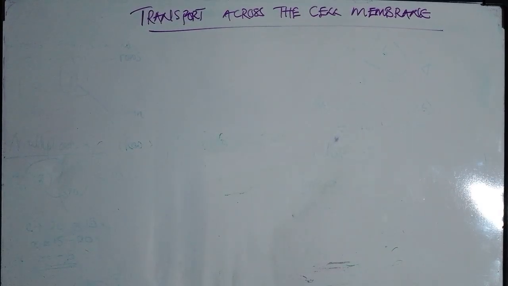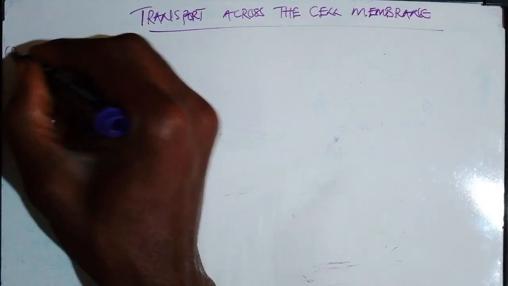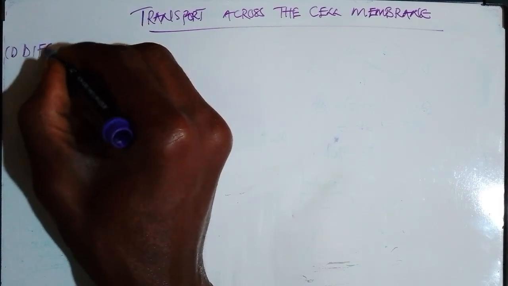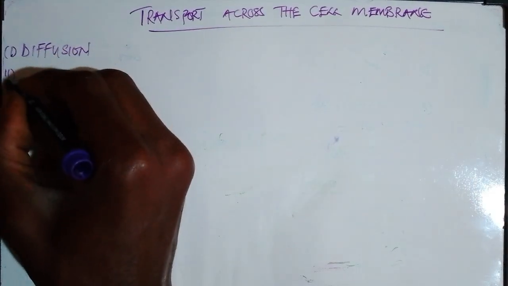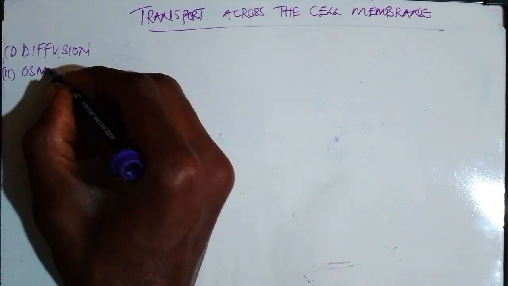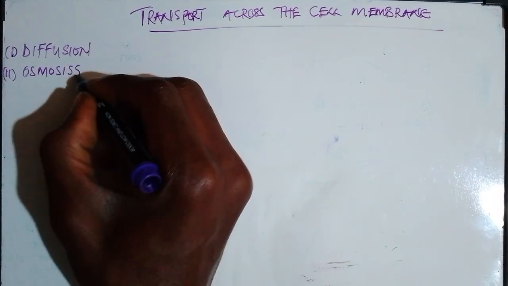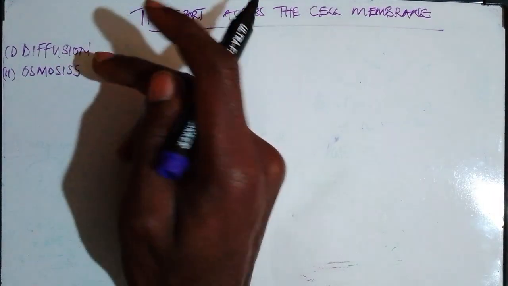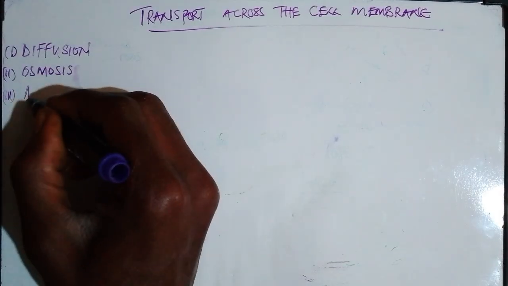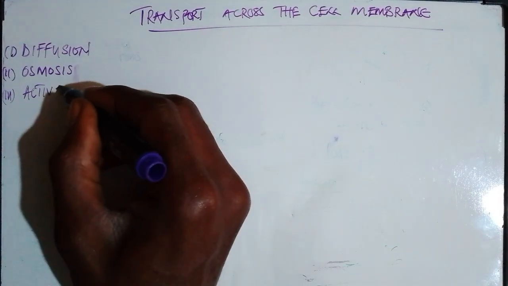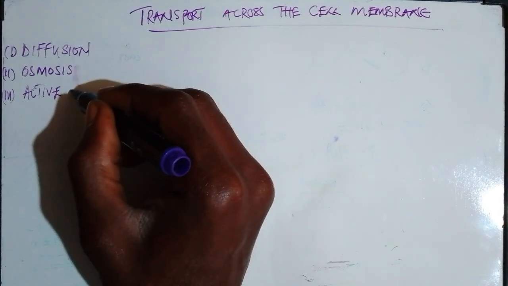You should be thinking about three things. One, diffusion. Two, osmosis. Three, active transport.